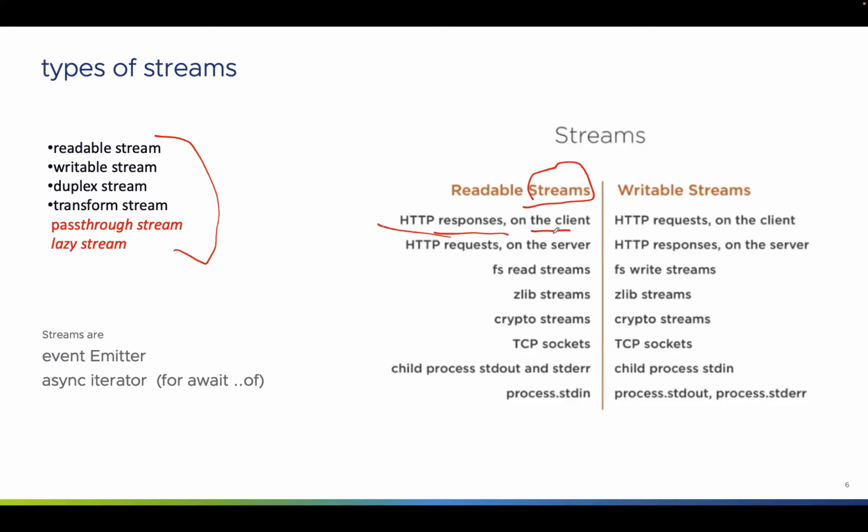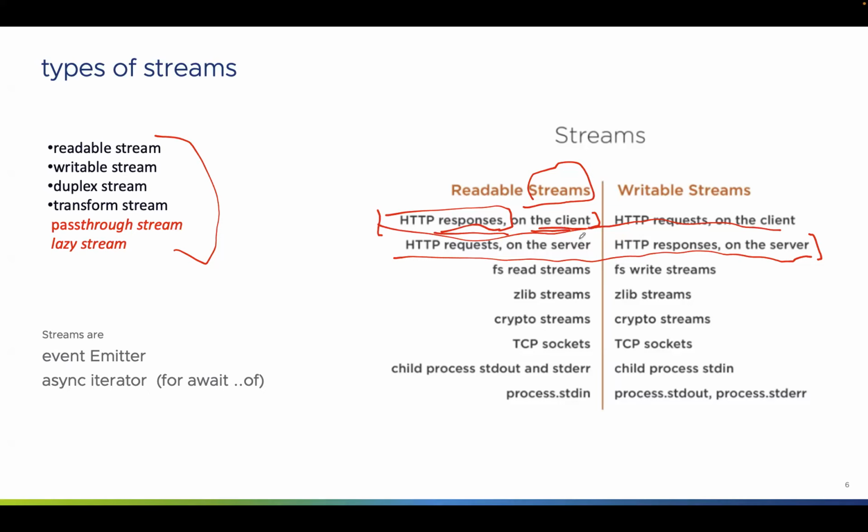When you look at these 2 lines, you can see the same object. For example, an HTTP response can be a readable stream and also a writable stream. That really depends on where you stand, or on the perspective of your observation. If you're standing on the HTTP client, the HTTP response is an incoming message to your client, so you read these responses from this stream.